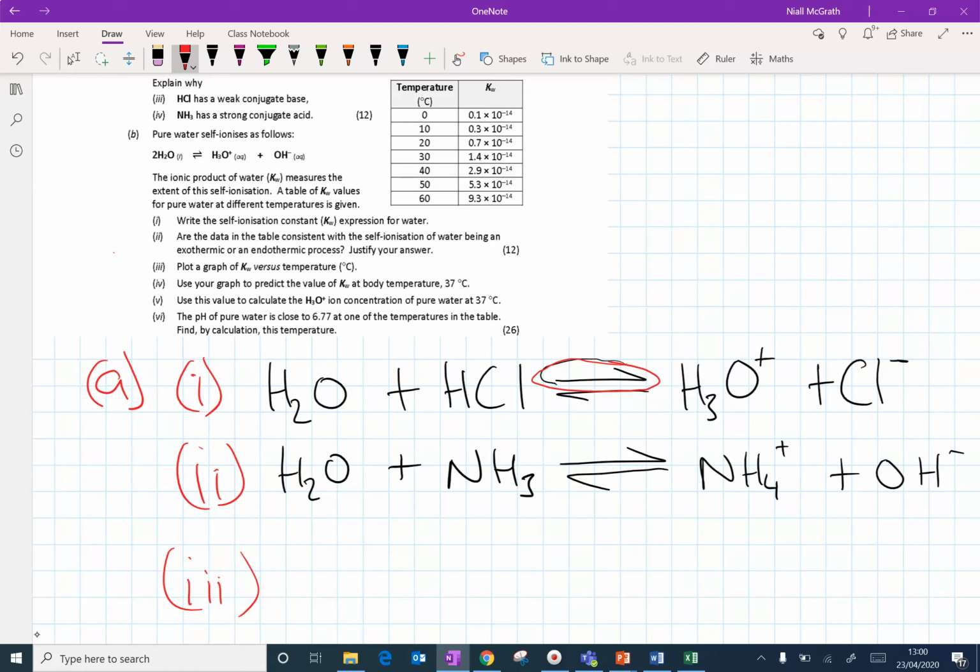Okay, and then we have NH3 has a strong conjugate acid. We know that NH3 is a weak base, and its conjugate acid we see from the equation is NH4 plus, and that will easily donate a proton, so it is a strong acid.